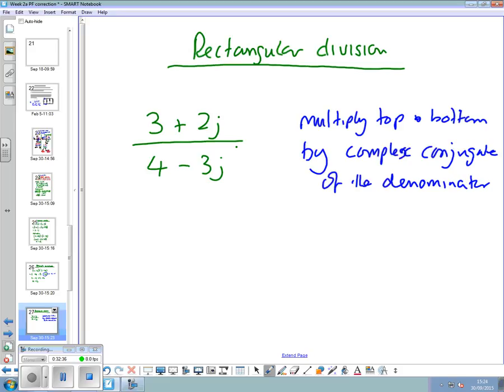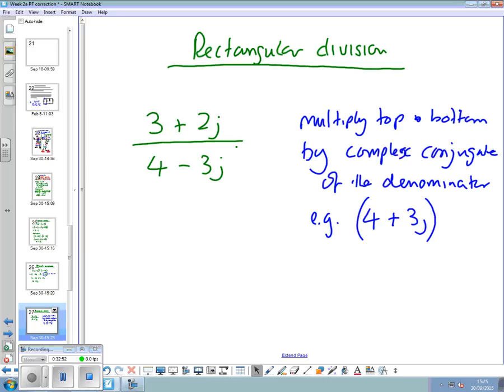In this case, e.g. 4 plus 3j. It's the denominator with the sign changed.